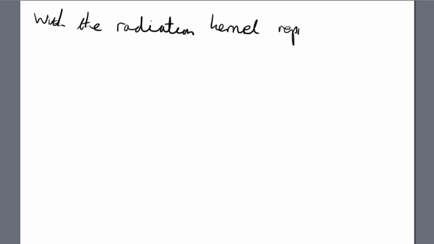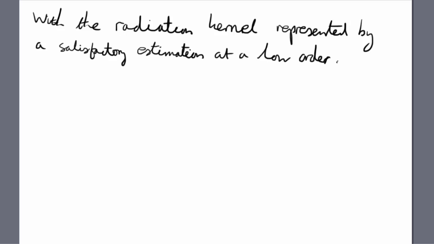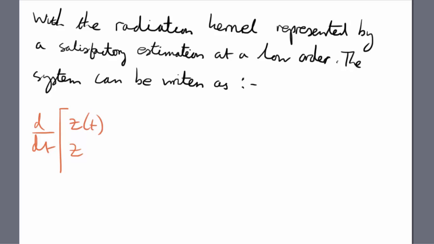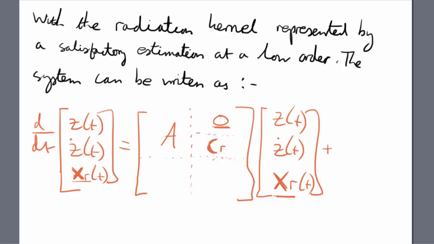With the radiation kernel represented by a satisfactory estimation at a low order, the system can be written as a standard state space system, where we include the new states of the radiation kernel into the hydrodynamics continuous system. So this is the original hydrodynamic system in the state space form, including the states of the radiation kernel.